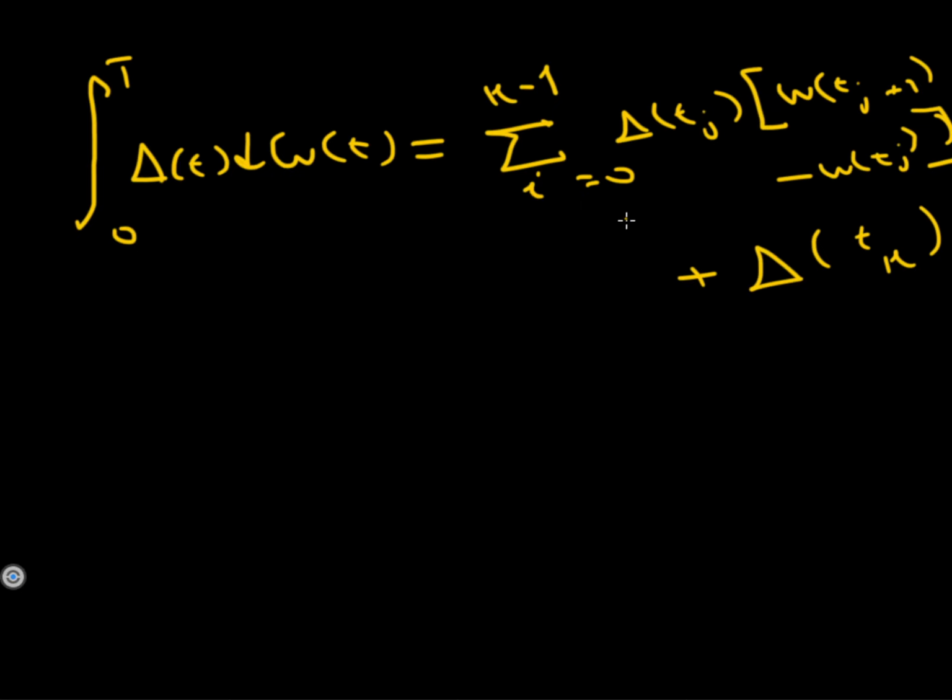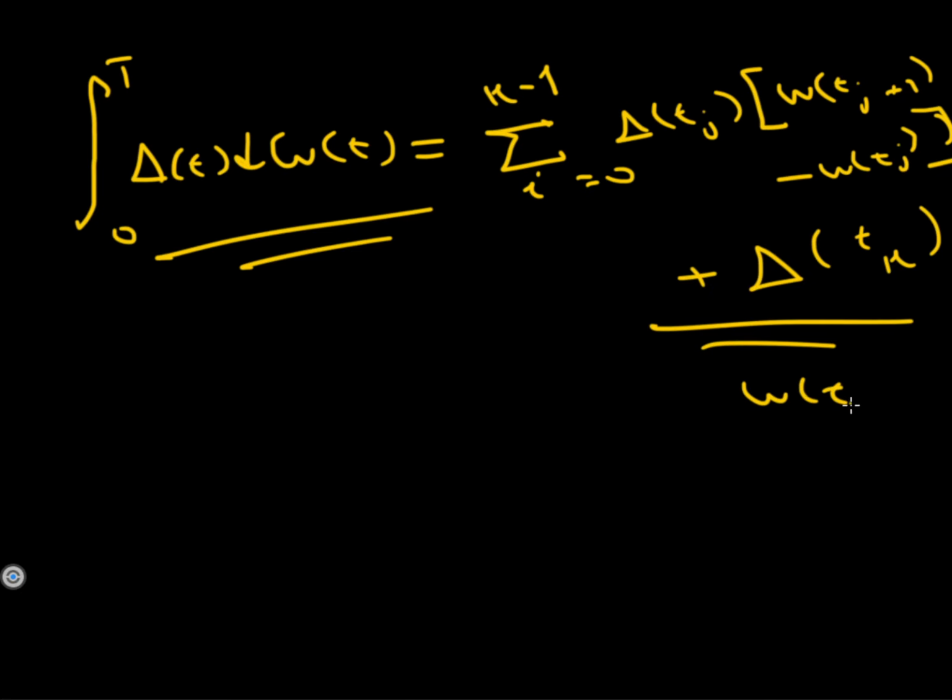So we can say that this is the Ito integral, right? But I've got to add omega t minus omega tk.